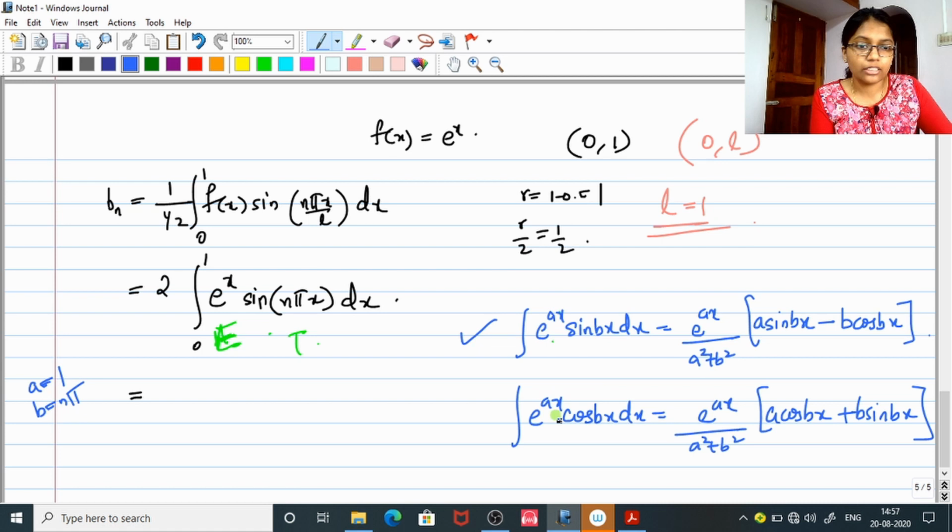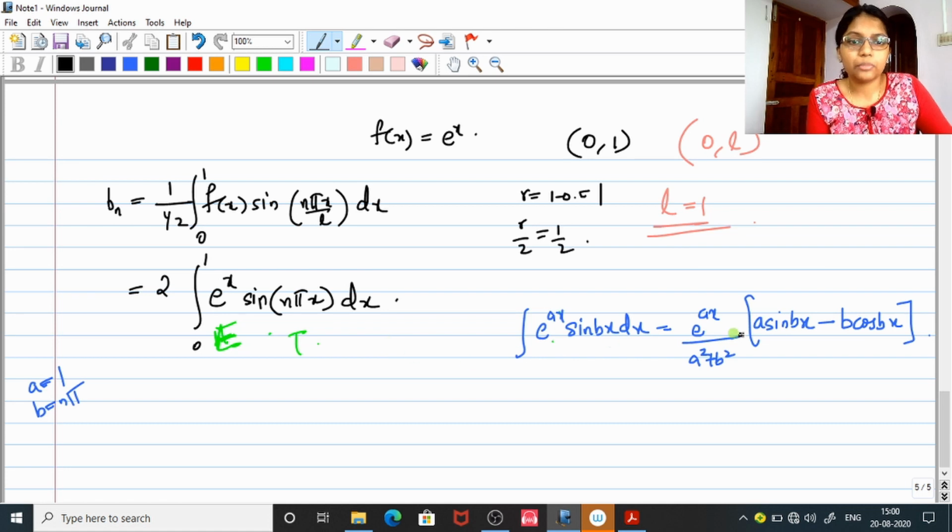I just wrote this expression along with this. At times when the integration asks for integral e raised to ax cos bx, you have to make use of the other formula. For this question, only the first formula is needed. Please make it as a note.